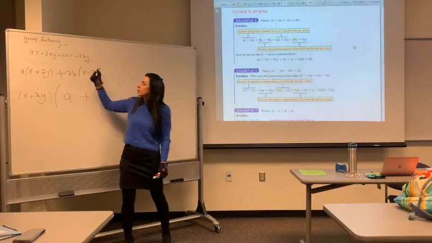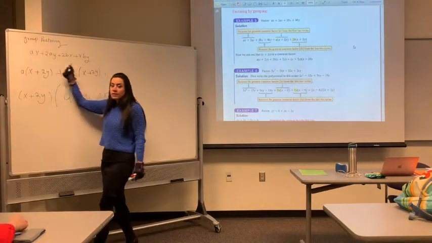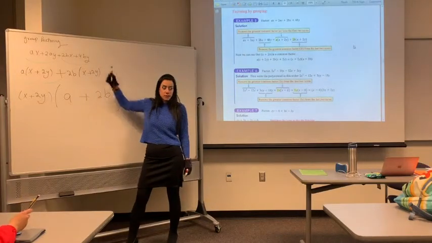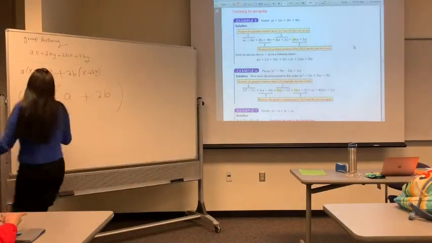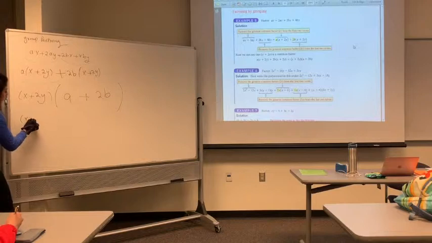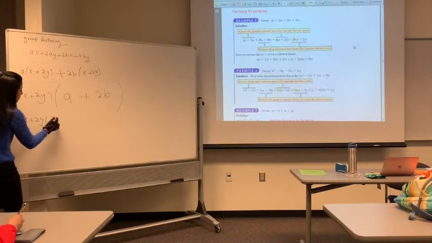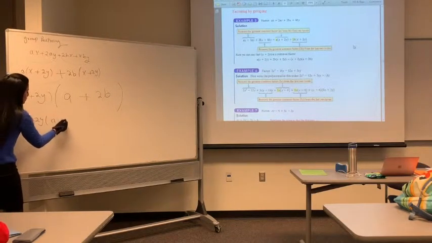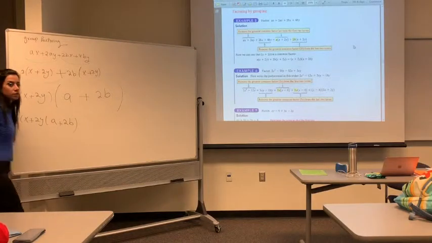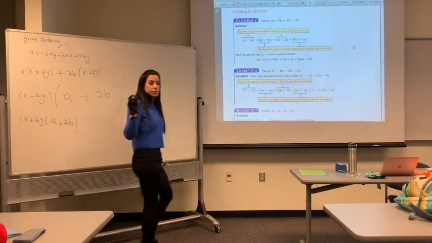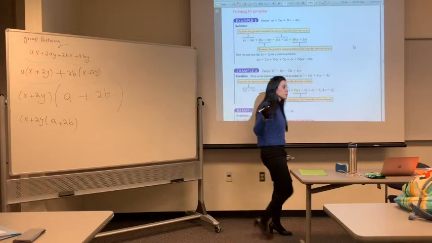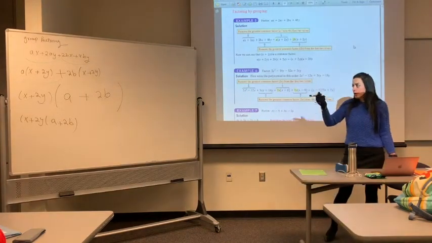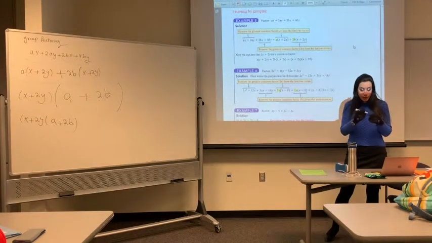Okay? So, our first polynomial was this one, right? Now we have two parentheses. X plus 2y multiplies to a plus 2b. So we factor this polynomial using group factor or grouping.